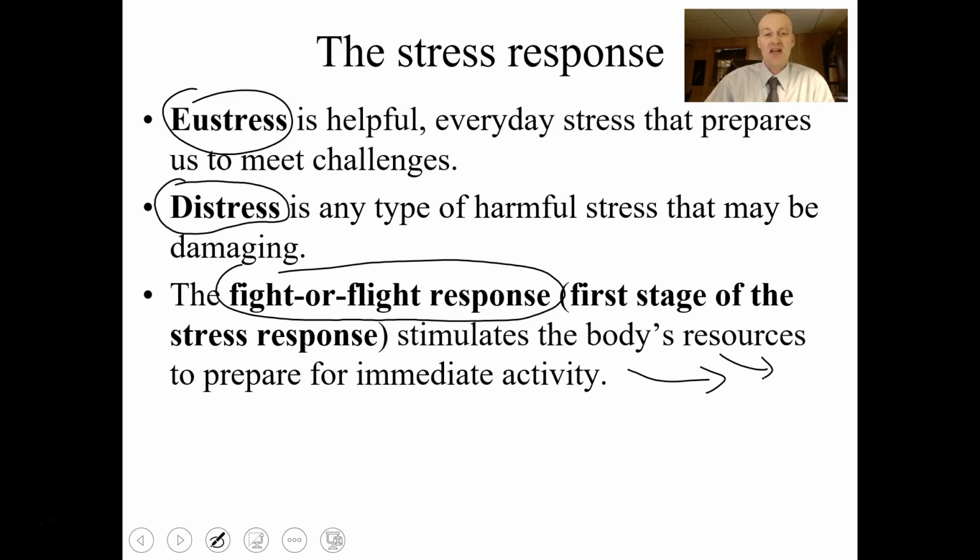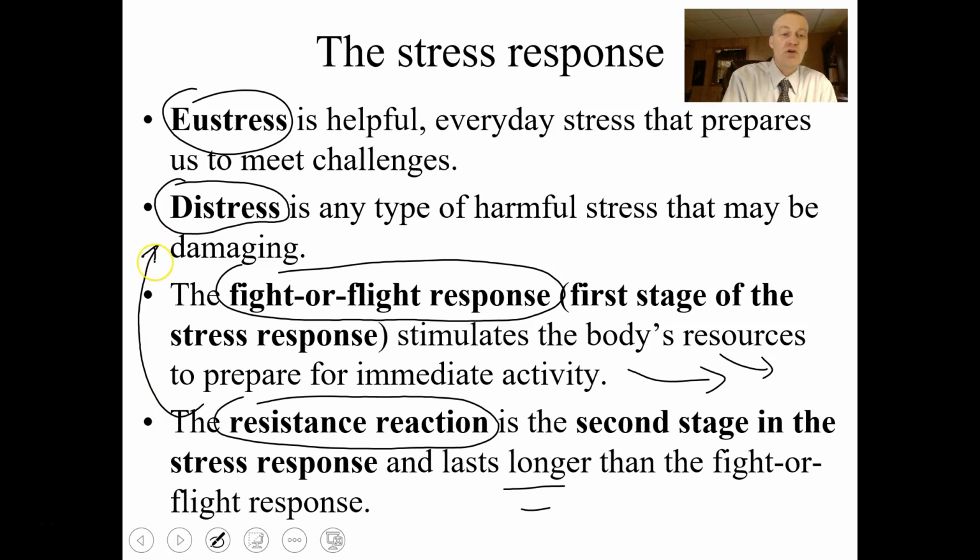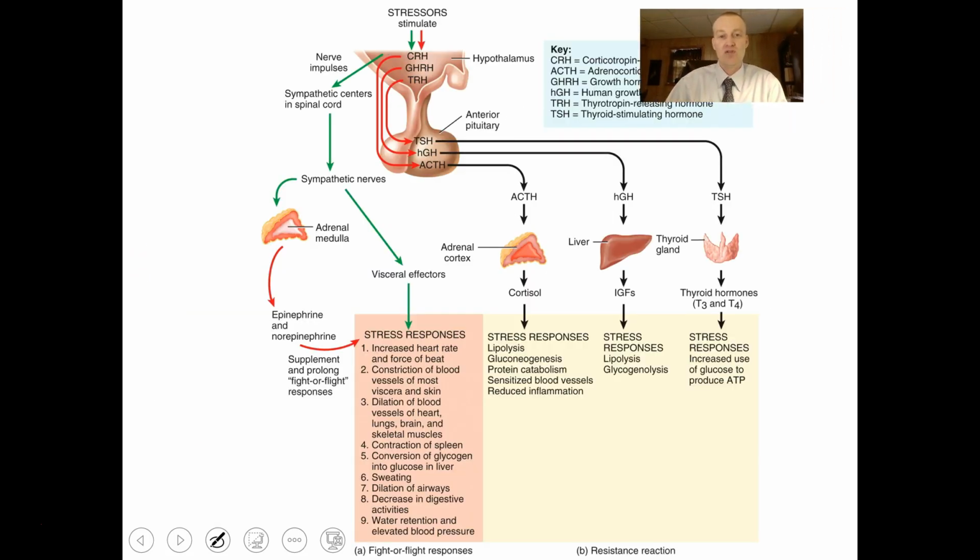If we have lots of this fight or flight response activated all the time, though, it can cause distress in the body. So resistance reaction is the second stage in our stress response, and it lasts longer than the fight or flight response, and it occurs when we're under really super stressful situations and distressful situations.